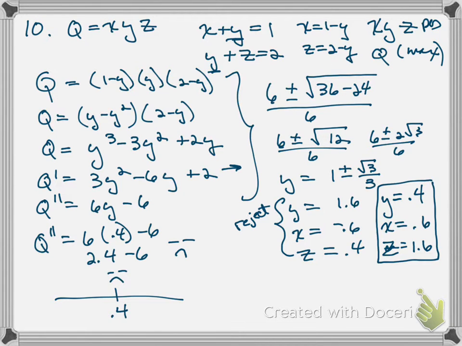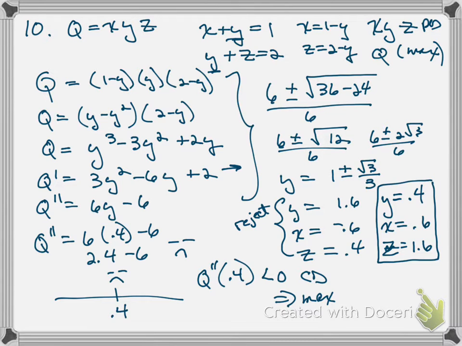This is going to be negative, so therefore I can say that since q prime prime of 0.4 is less than 0, I am concave down, which gives me a max.